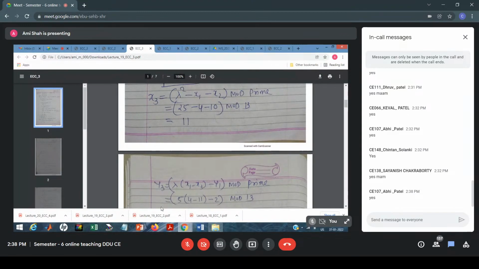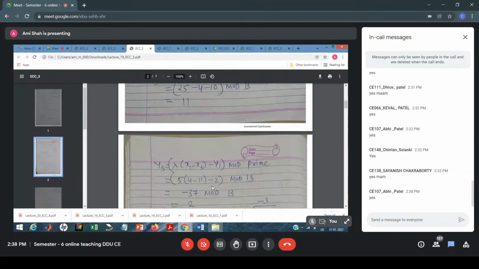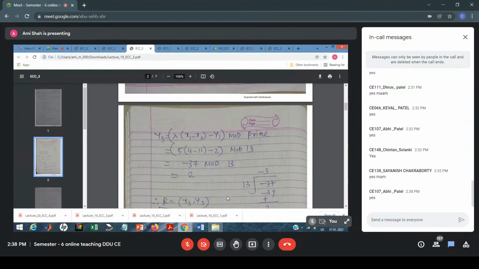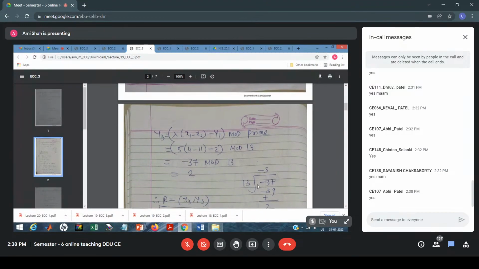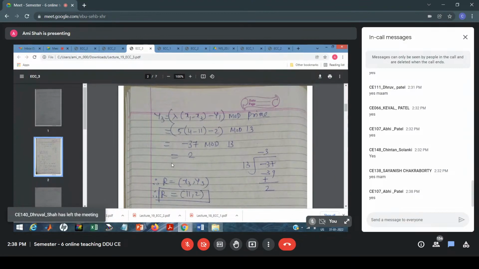And what is my equation for y3? y3 equals lambda in bracket x1 minus x3 minus y1 mod prime, right? So put all the values here. Finally I get minus 37 mod 13. When I calculate it, I get 2. So that means R equals x3, y3: x3 is 11 and y3 is 2.